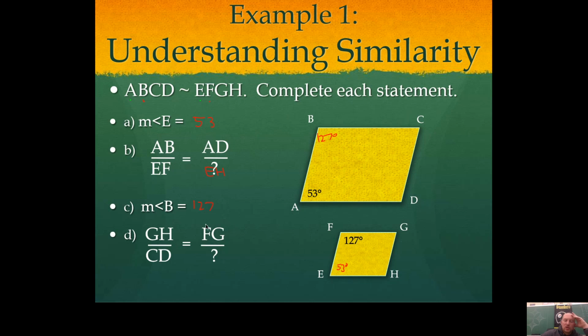Here's another statement of proportionality for the sides. Segment GH corresponds with segment CD. So whatever that ratio is, it better match the ratio of all the other corresponding sides. So segment FG goes with segment BC.